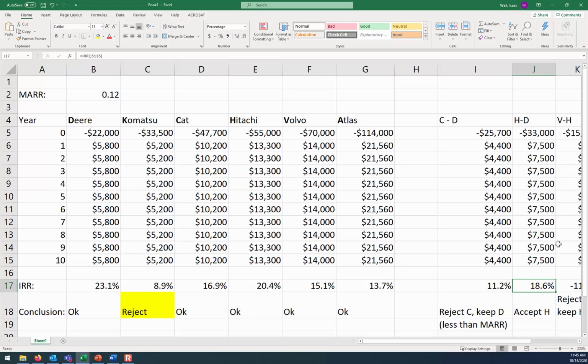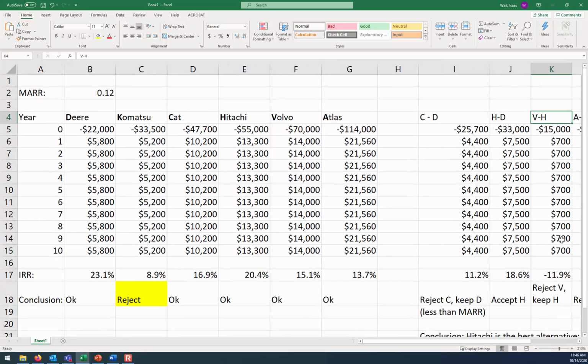That's our next winner. And so the next comparison is Volvo versus Hitachi. We're not comparing against Deere anymore because we've moved on. So Volvo versus Hitachi has a negative internal rate of return. That means we don't make back the initial $15,000 in added cost.